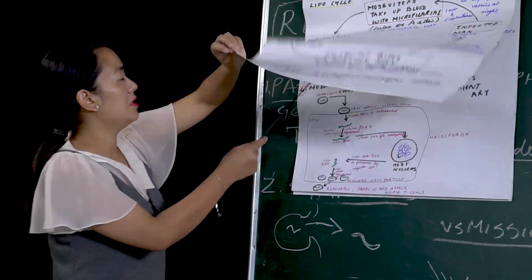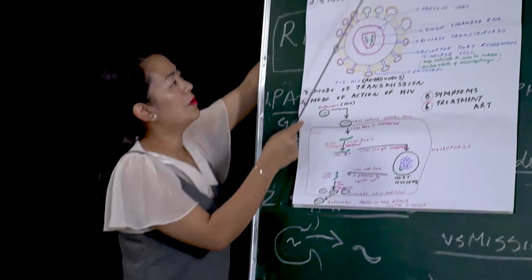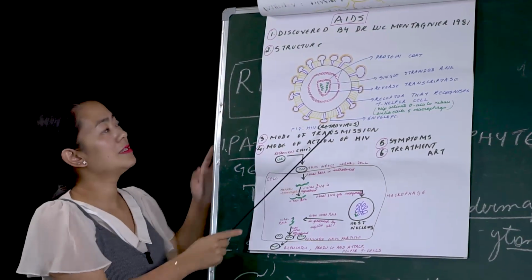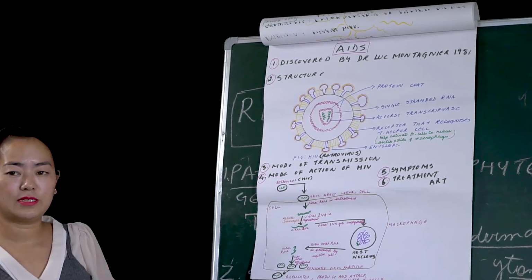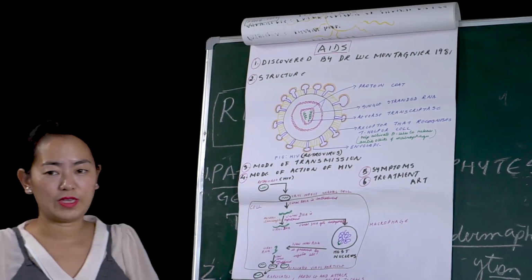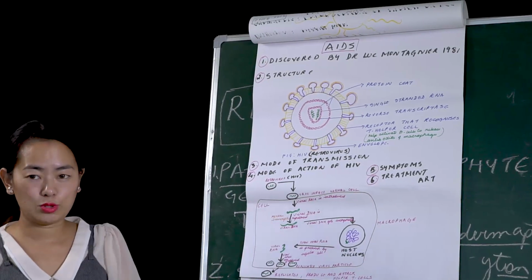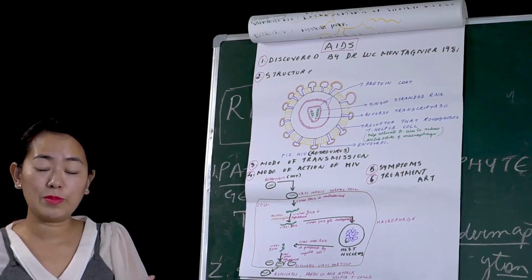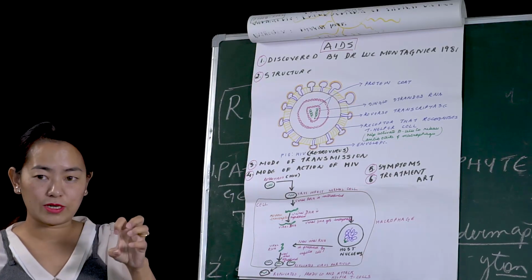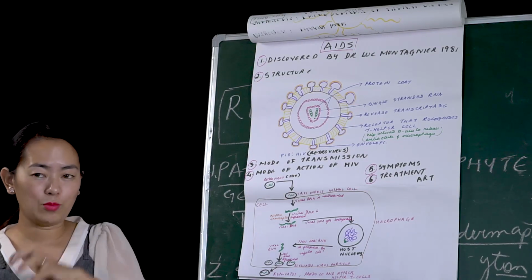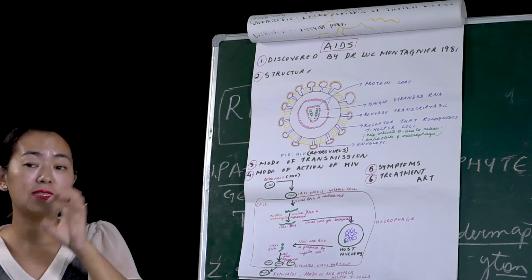The next one we're going to talk about, the most important thing, is AIDS. Everyone keeps on talking about AIDS. So what is the full form of AIDS? Acquired immunodeficiency syndrome. Remember that. AIDS is a syndrome that is caused by a particular virus.